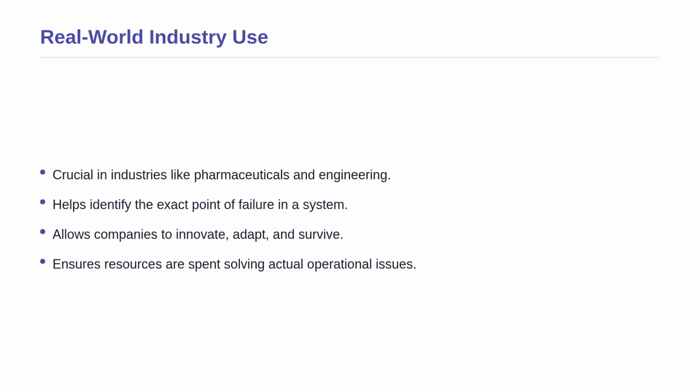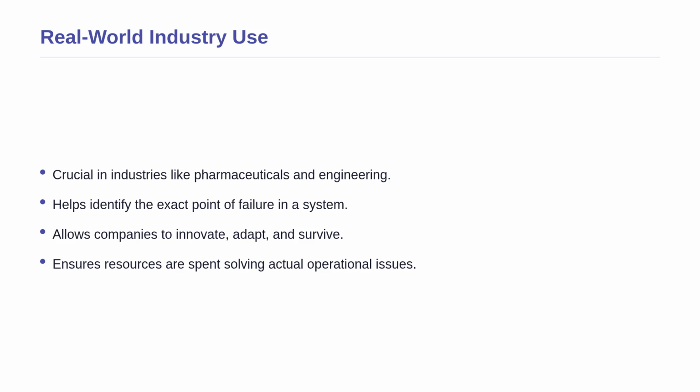Beyond academic research, let us see how this applies in the real world. In real-world industries, such as pharmaceuticals or engineering, problem identification is a matter of survival. Identifying the exact point of failure in a complex system is what allows companies to innovate and fix critical issues.